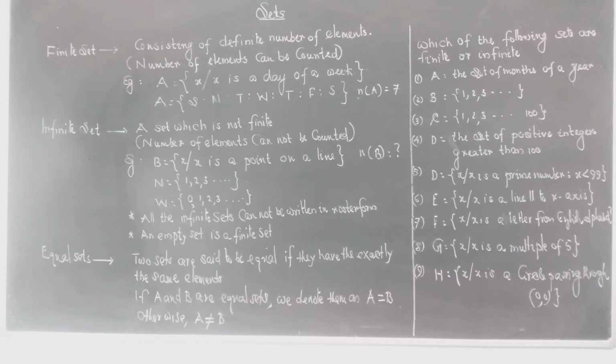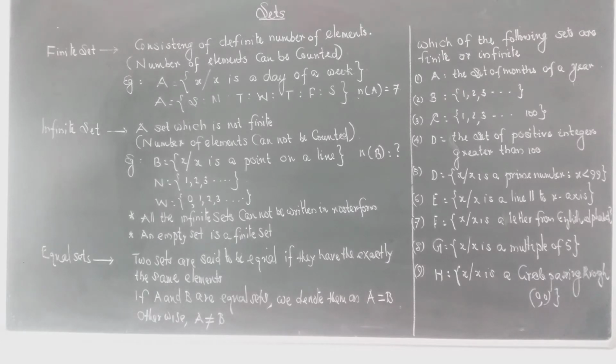Take another example from your classroom. The number of teachers teaching in your classroom. If you make a set, you can just write the English subject, who is teaching that English subject, that teacher's name, second subject, third subject.